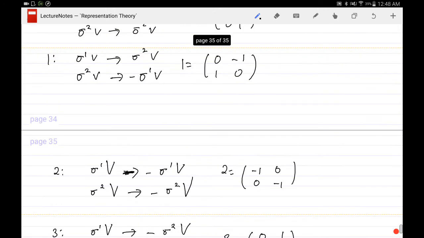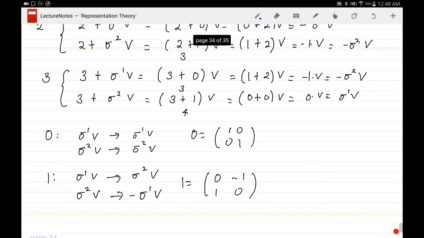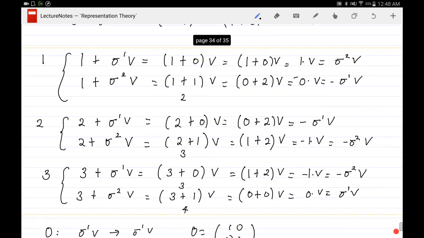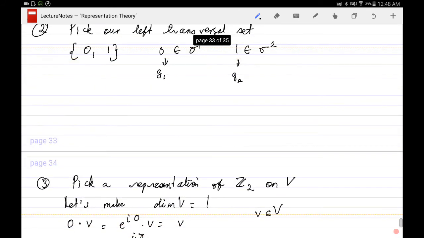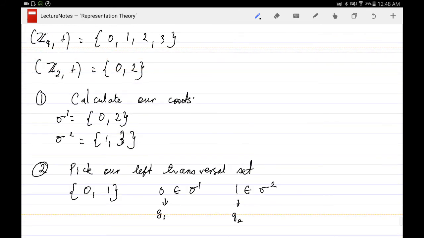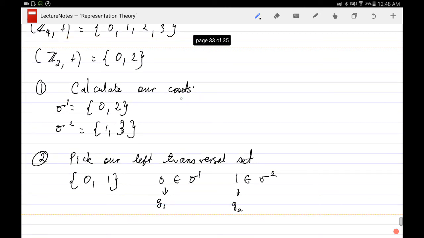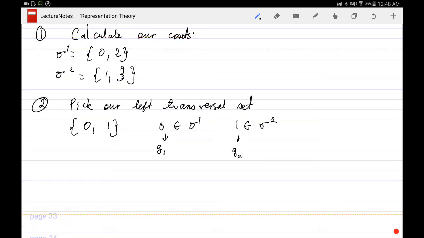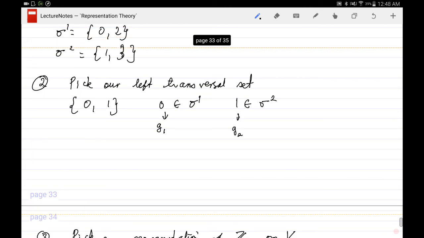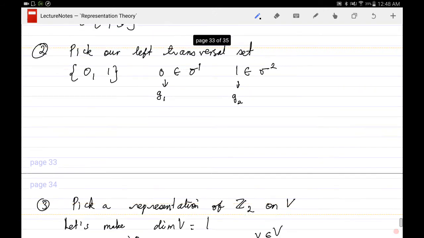Okay, so just to emphasize, the steps are: get your cosets, and from each coset make a transversal set. In other words, from each coset pick one and only one coset representative, and that's the one that you will use for your calculation.